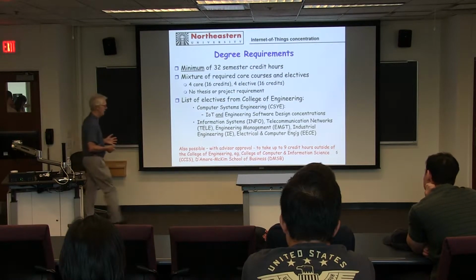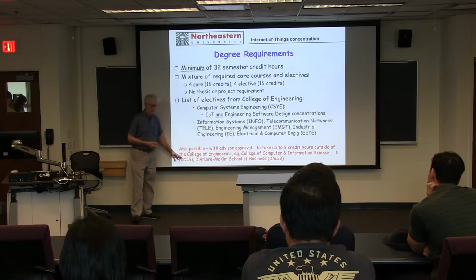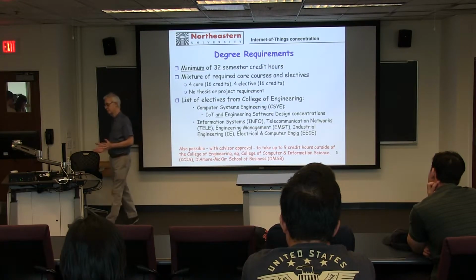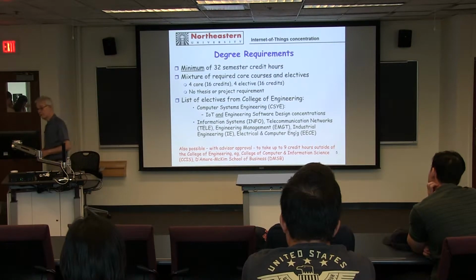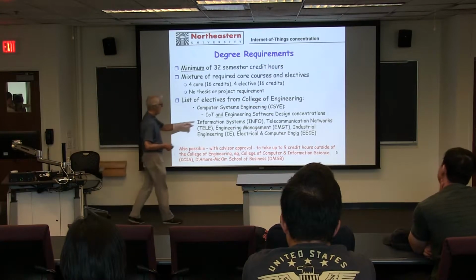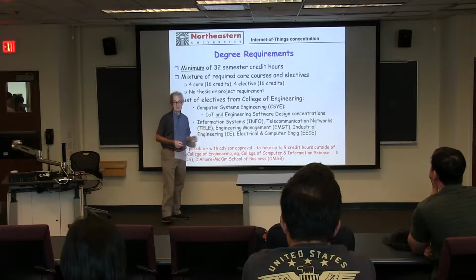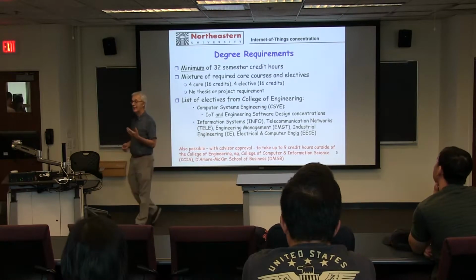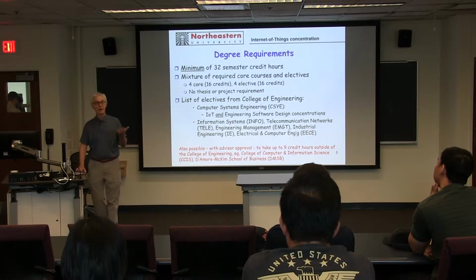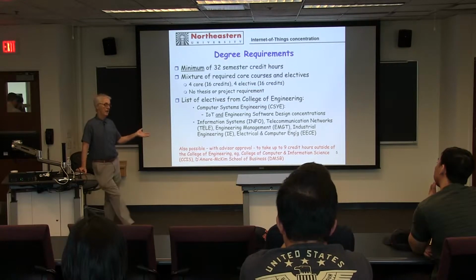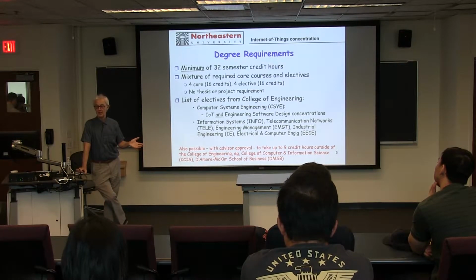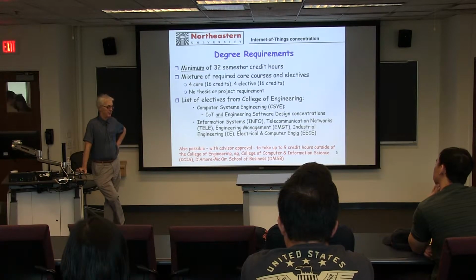A lot of the courses you will find in the Computer Science College have very similar courses in the College of Engineering, especially in the Information Systems program and the Computer Systems Engineering program. A lot of students get interested in algorithms and things like that, but a similar course is offered in engineering as well. So you have a number of choices here.